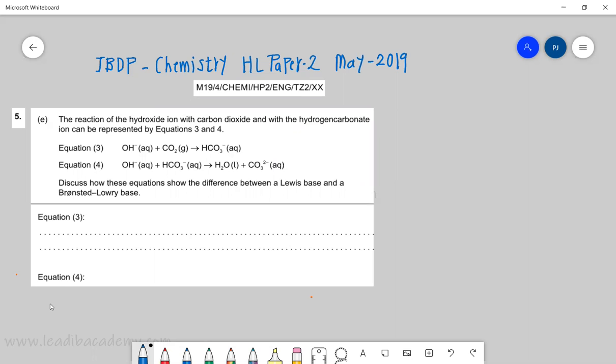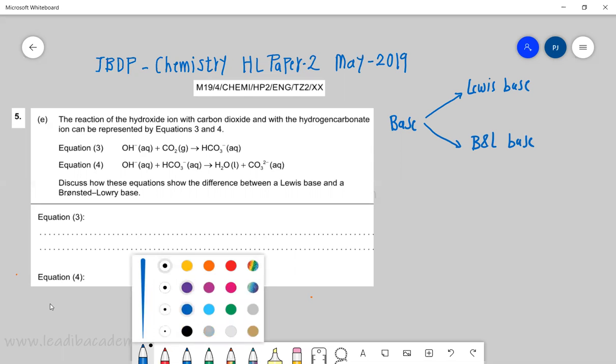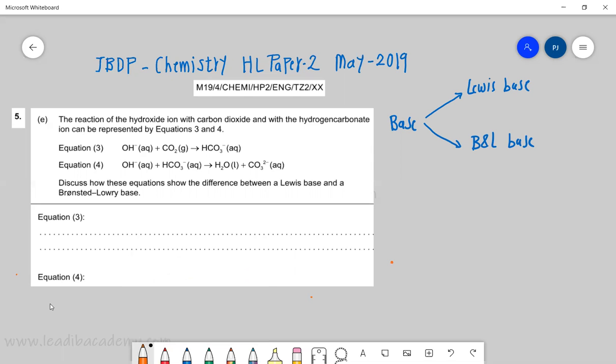So let's recap. It's always a good idea to understand the definitions. What happens in the case of a Lewis base and what happens in the case of a Bronsted-Lowry base? A Lewis base is a lone pair donor.